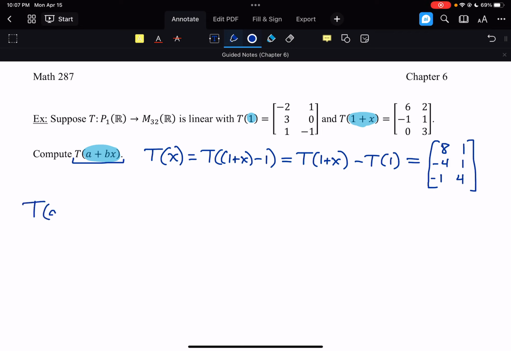So to transform a general polynomial, T of A plus BX, that's going to be T of A plus T of BX.